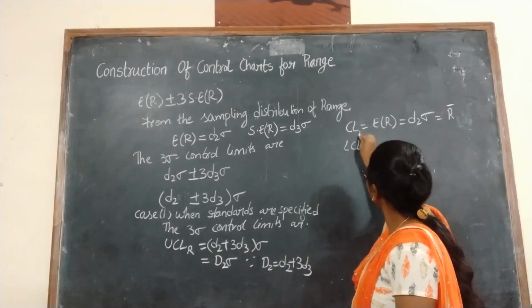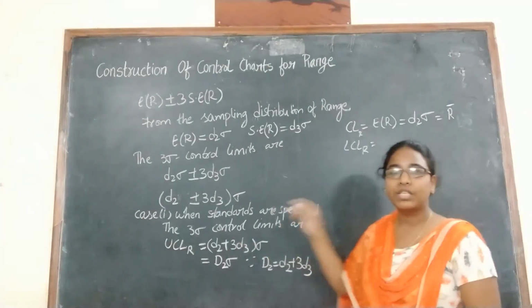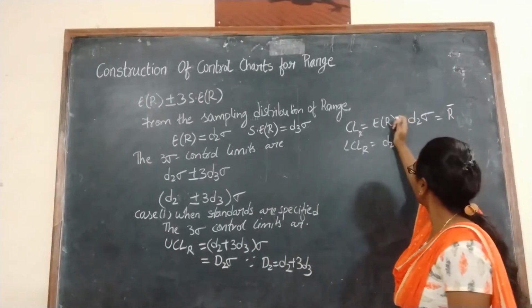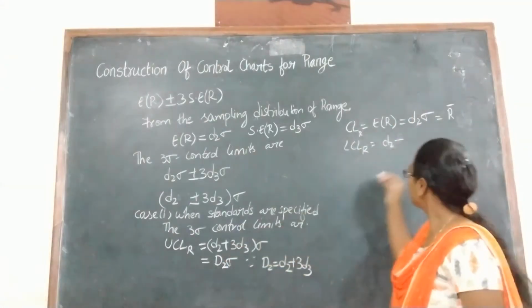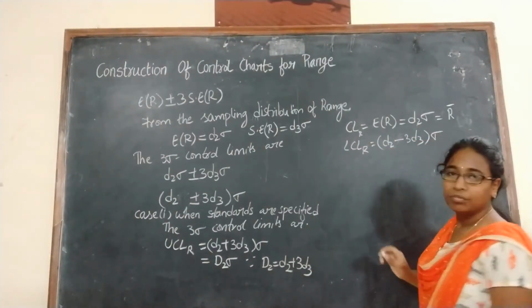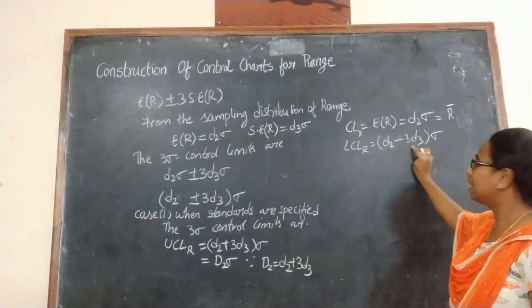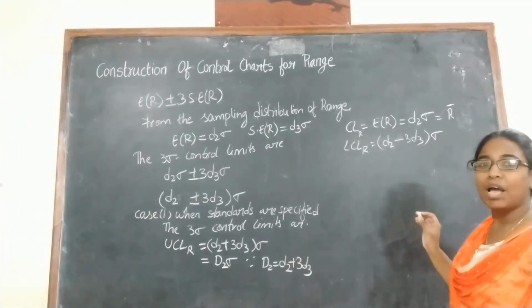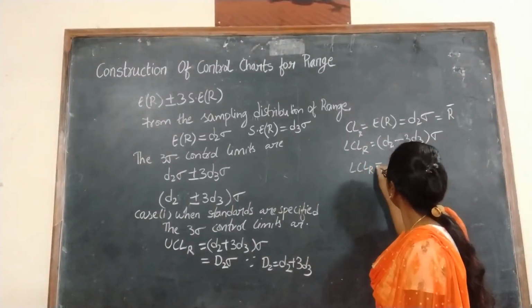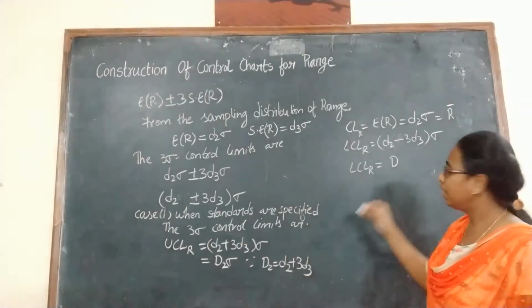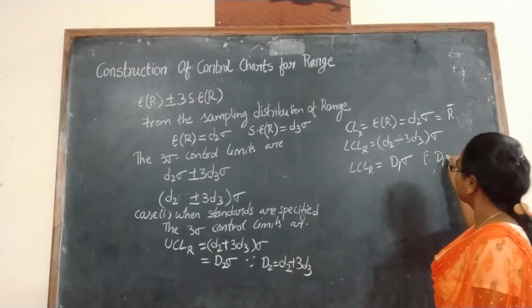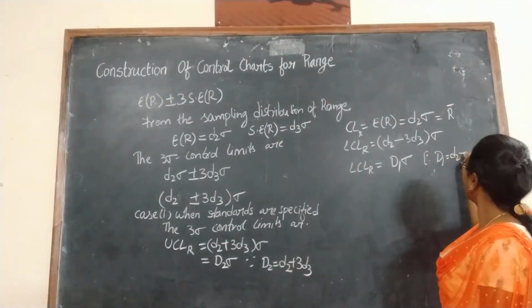The LCL of the R chart, in place of plus you will get minus, that is small d2 minus 3 into d3, into sigma. This d2 minus 3 into d3 can be written as capital D1. So the LCL of R equals capital D1 sigma, where D1 equals small d2 minus 3 into d3.